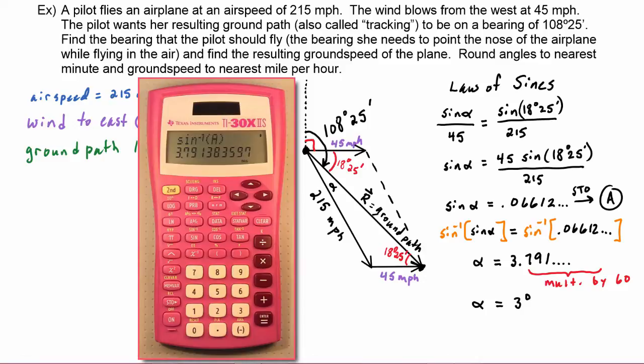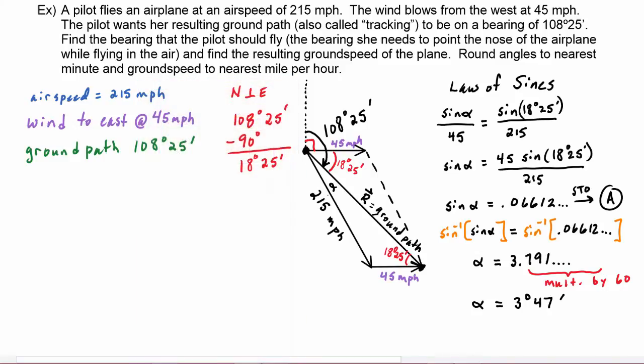I think the easiest way to accomplish that is to just subtract 3 from the answer you have in your calculator there, so you get the decimal part, and then say times 60, and rounding to the nearest minute, we get 47 minutes. So now let's put that in our picture.